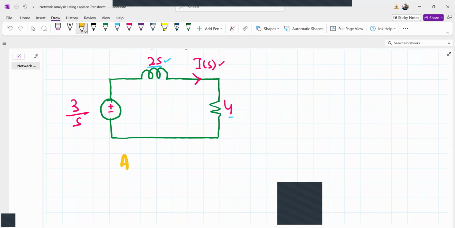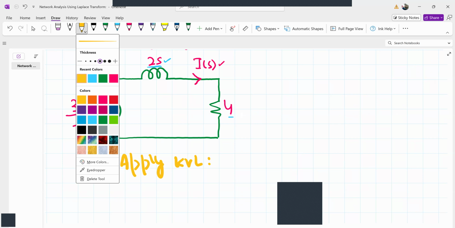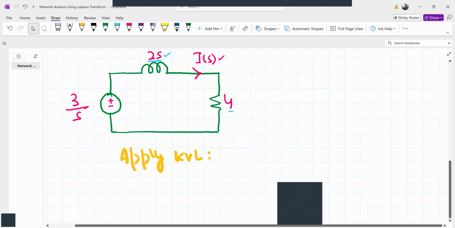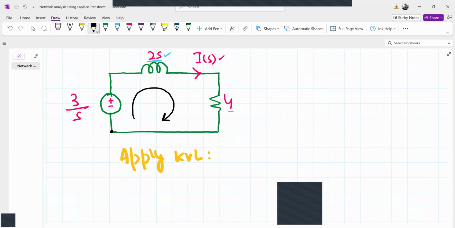So apply KVL to this circuit. We'll start from this point and move like this. What we encounter first is a voltage source.